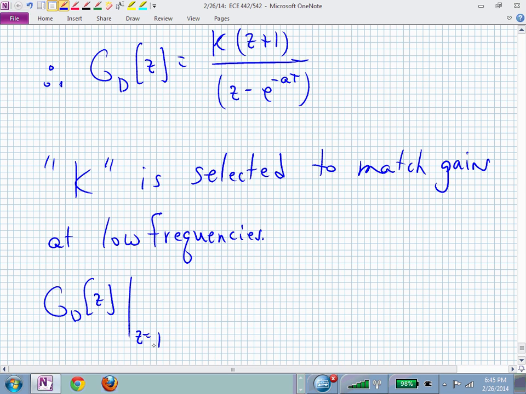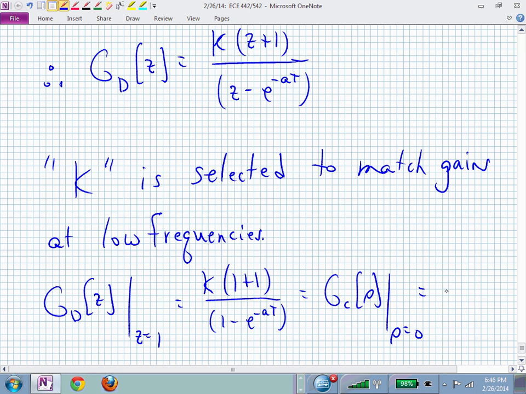So that now we want G sub D of Z at DC at Z equal 1, which is K, 1 plus 1 over 1 minus E to the minus AT, that we need to equal G sub C of S when S is equal to 0, which is A over A, or 1.